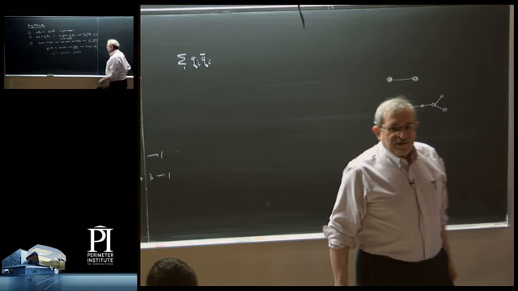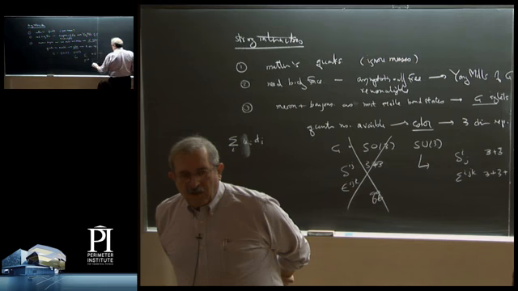In SU(3), very conveniently, there are two kinds of invariants, delta ij and epsilon ijk. This one would put together a 3 and a 3 bar to make a singlet. This one would put together 3 3s to make a singlet. Those are the meson and baryon invariants.